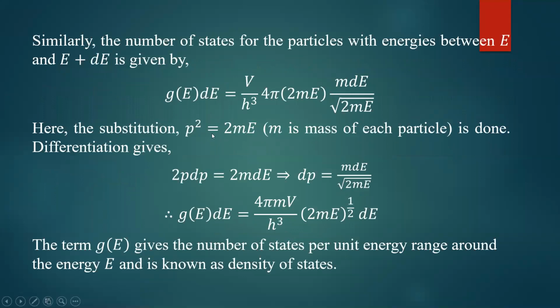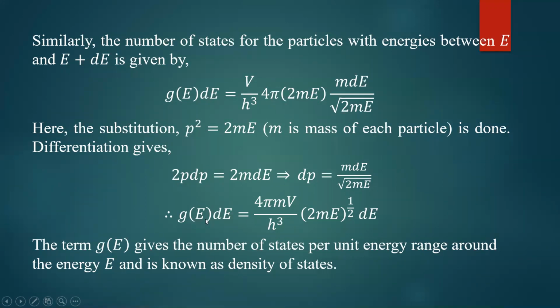What is p? p is square root of 2mE. So dp will be, 2 gets cancelled here, m dE divided by square root of 2mE. Substitute that here. For p square you substitute 2mE, for dp you substitute m dE by square root of 2mE, and then simplify it.